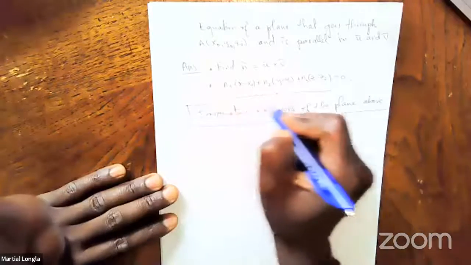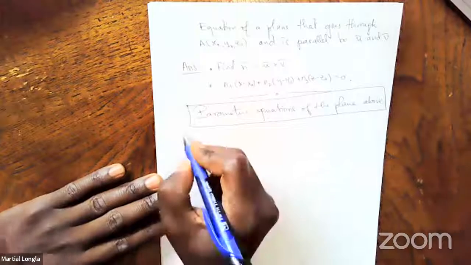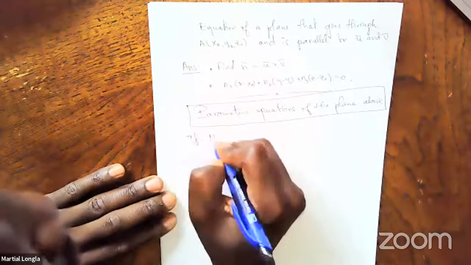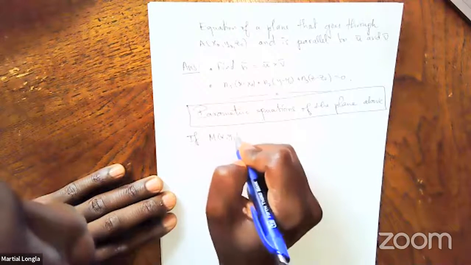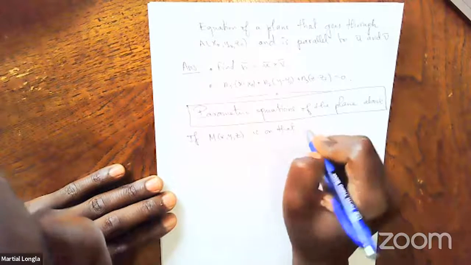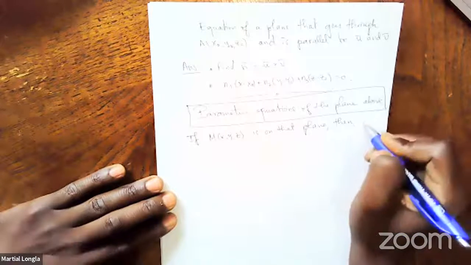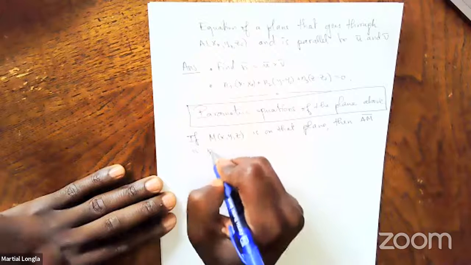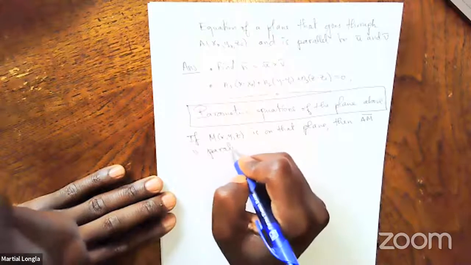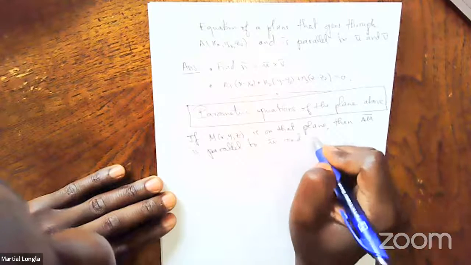We would say that if M with coordinates x, y, z is on that plane, then the vector AM is parallel to both u and v.